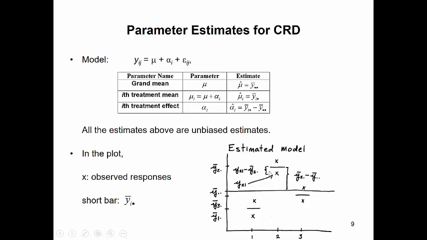These bars here are your y1 dot bar, your y2 dot bar, your y3 dot bar. Those are just your group means. And then the distance from the group mean to the overall mean is going to be your alpha 2 hat.